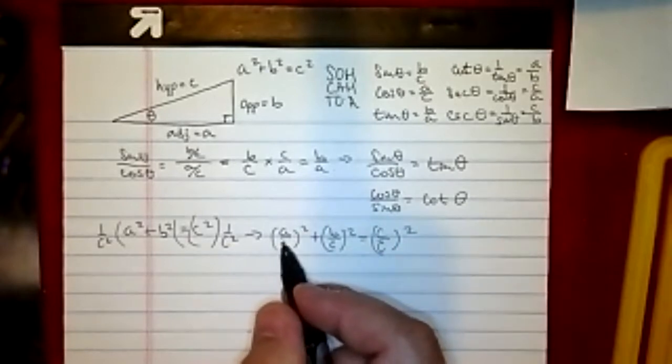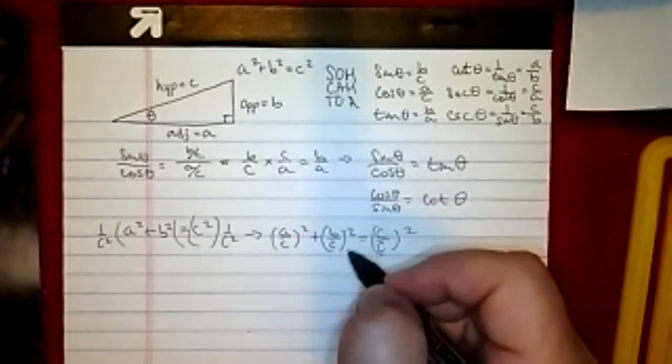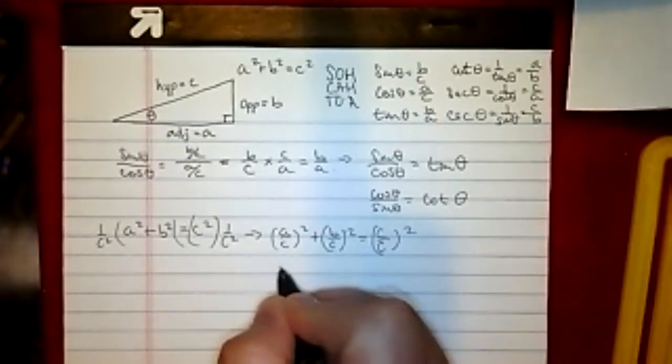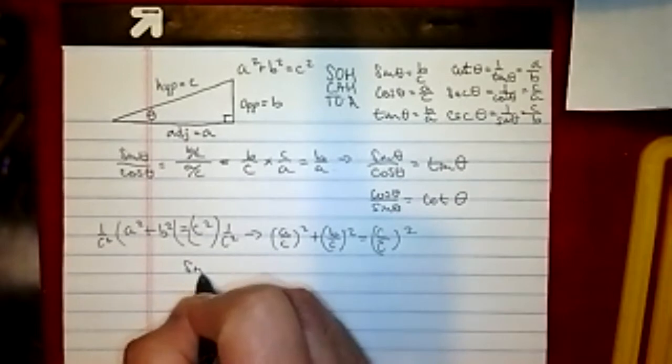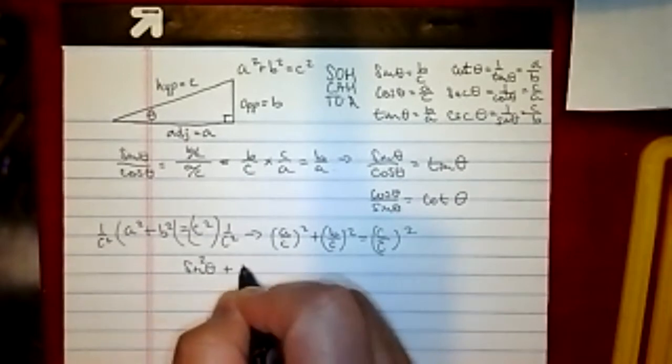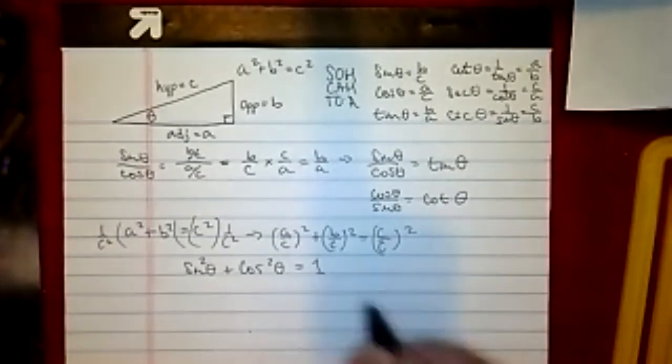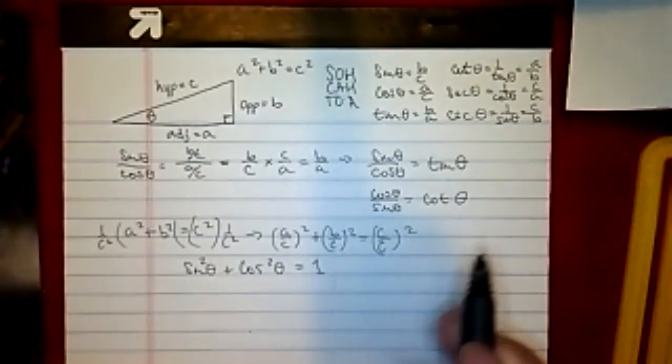Well, a over c, I think you recognize as cosine, and b over c is sine. So I'm going to write it in a different order, because I'm used to writing it that way: sine squared theta plus cosine squared theta equals, and c over c is just 1. So that's an identity, okay?